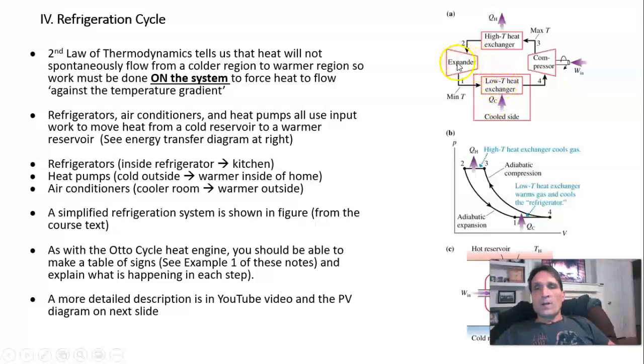So the whole job of this expansion valve is to lower the temperature of the fluid to a temperature lower than the inside of the refrigerator, so that heat can be transferred from the inside of the refrigerator to the fluid.